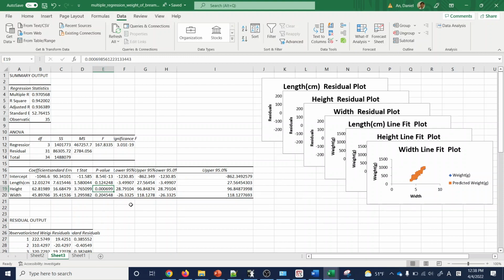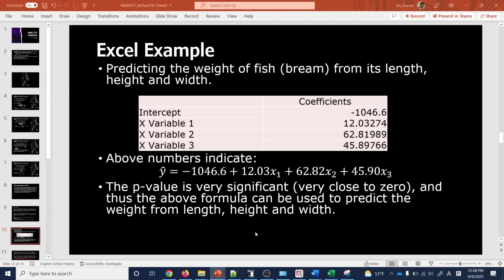So those are the values. Now you also have to figure out how to write down the linear regression equation from the values. So in the spreadsheet that I just showed you, the x1 variable was the length, x2 was the height, and x3 was the width.